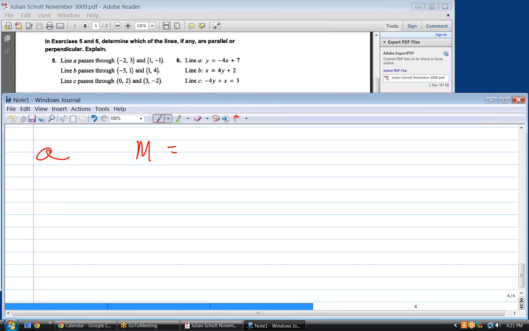The slope of line A is -1 over... Hold on. What is the definition of slope? The change in y over change in x. Oh, I love that. What's the change in y?